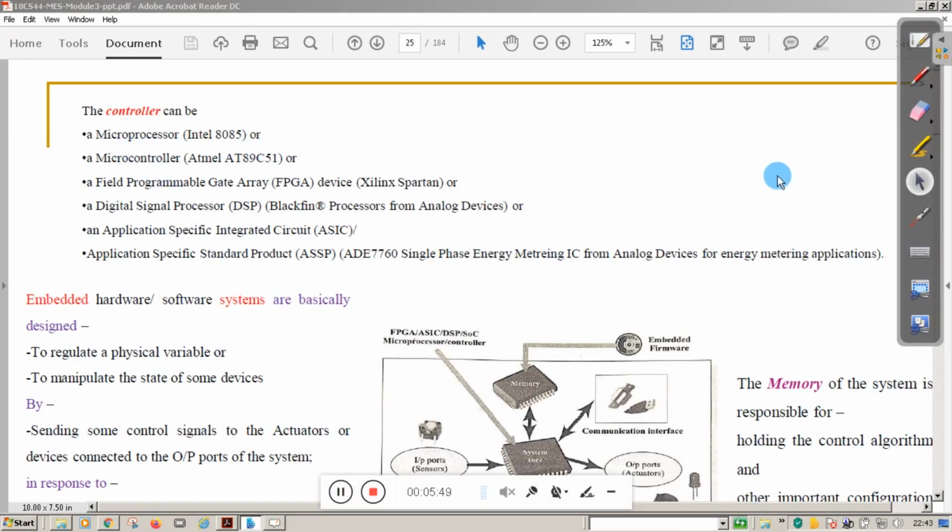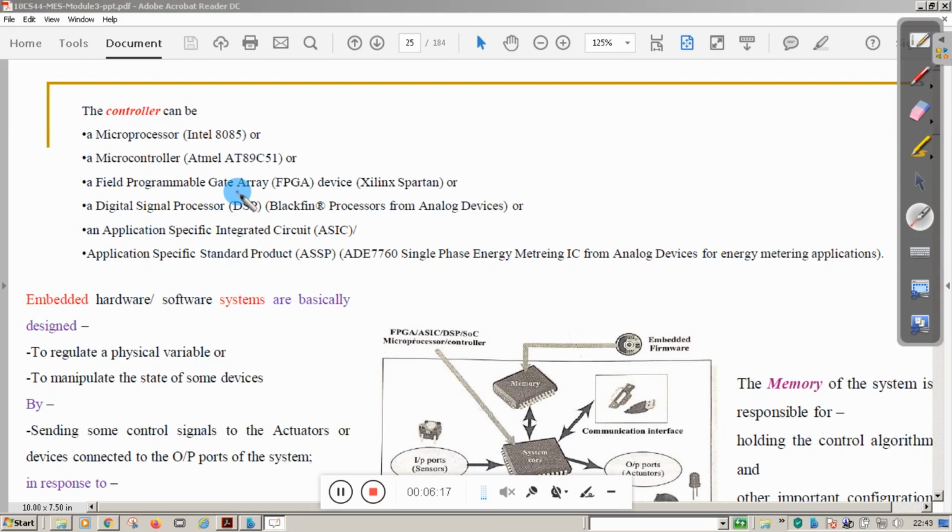The controller can be, as I said earlier, a microprocessor like Intel 8085 or different types of microprocessor, a microcontroller, or a field programmable gate array FPGA device such as Xilinx or Spartan. A field programmable gate array is a programmable logic device which can be reconfigured to perform any function by software.